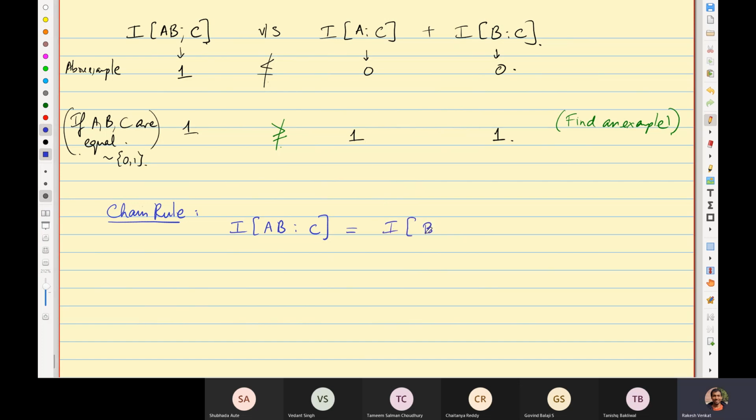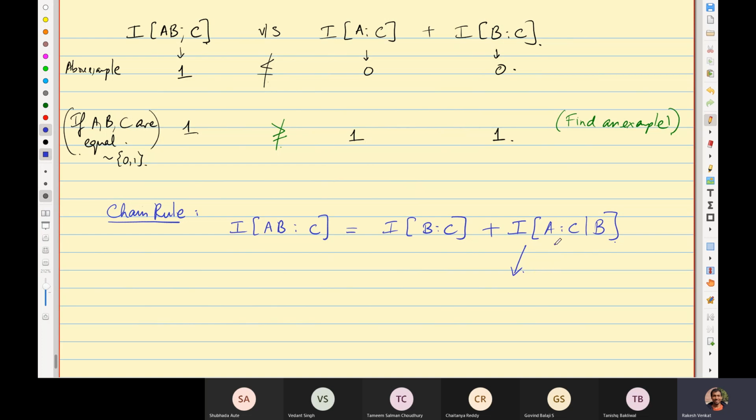You could take the first variable plus, notice that for the chain rule, you require a sort of definition of conditioning, but I will write it down and then define it. This is the conditional mutual information.